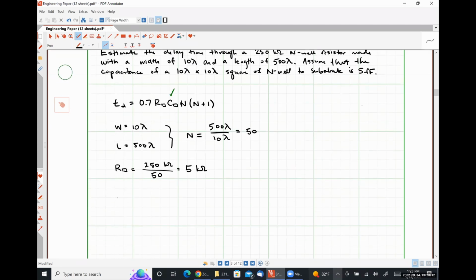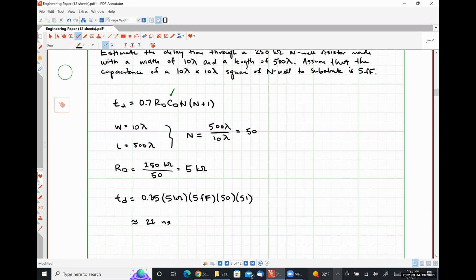From this, our delay time, TD, is simply 0.35 times 5 kilo ohms times 5 femtofarads times 50 times 51, which comes out to be approximately 22 nanoseconds. Let me write that out smaller so that it doesn't look like nanosiemens. Okay.